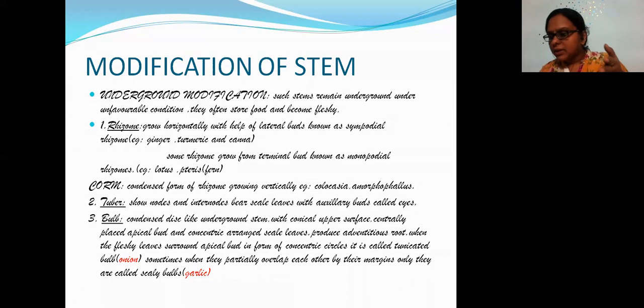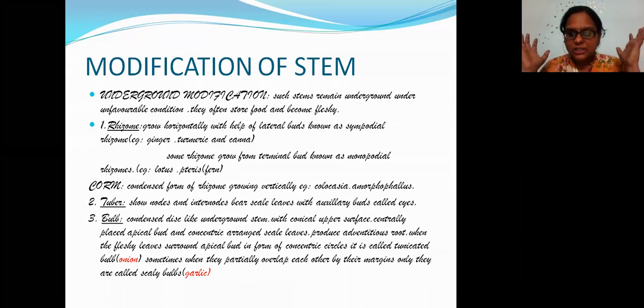As I told you just now, you can spot out the buds and the growth of the rhizome on that. But in the case of the corm, what happens? Everything is together. You cannot separate that. Like you can take it as in the example of adventitious root. Everything is in a bunch. Okay, so they are the condensed form of the rhizome, which is growing vertically. That's the main thing. Okay, which is going vertically.